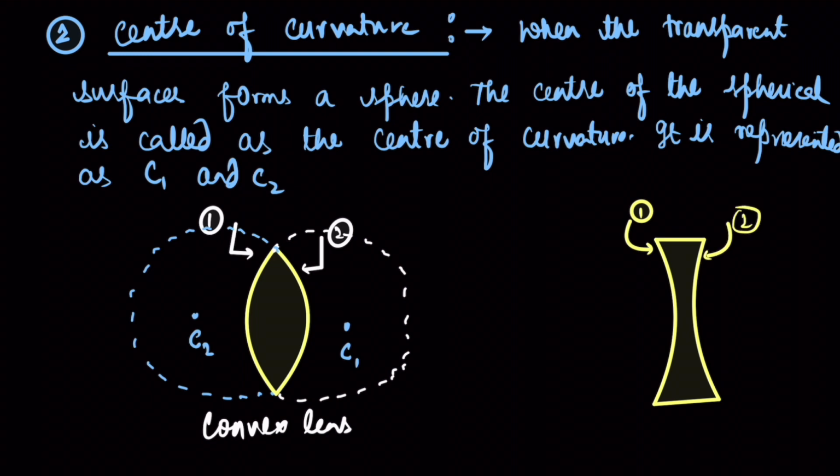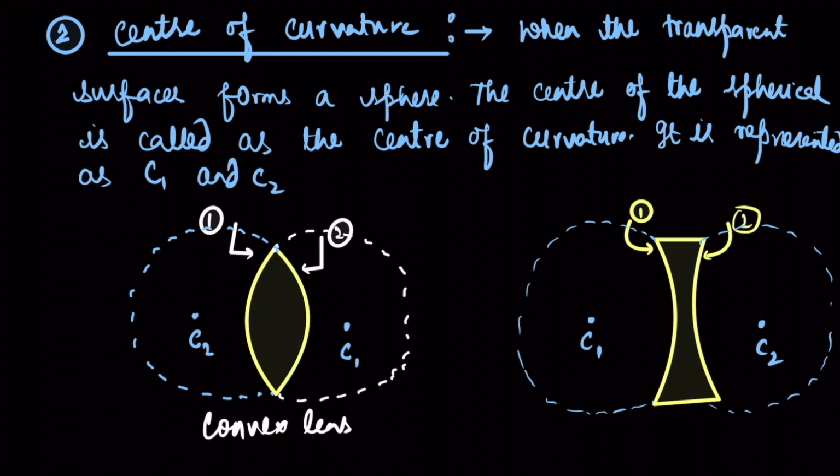If we make a sphere, so this is C1 and this is C2. I hope you understood this point properly.